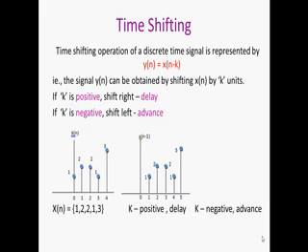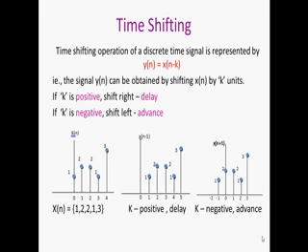The starting value of your x of n is 0. So 0 plus 1 is 1. So in x of n minus 1, the value starts from 1. From 1 we are going to have 5 values, that is 1, 2, 3, 4, 5. So it is shifted right, that is delay. Instead of starting from 0, it is delayed by 1 unit of time as it starts from 1 in your x of n minus 1.